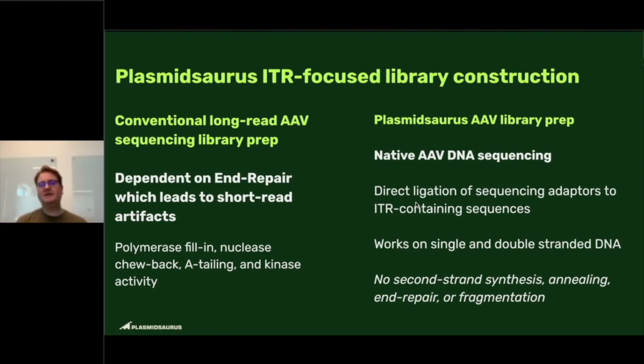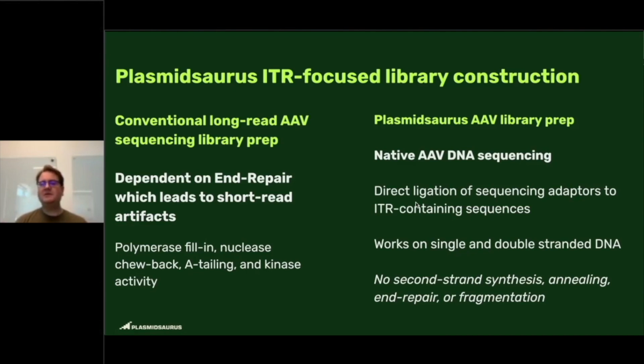Because of this combined activity, you tend to see a lot of short-read artifacts generated that are not representative of the integrity of the AAV library as determined by other methods, like denaturing gel electrophoresis. So at Plasmidsaurus, we developed a new way of generating AAV libraries with the aim of sequencing native AAVs.